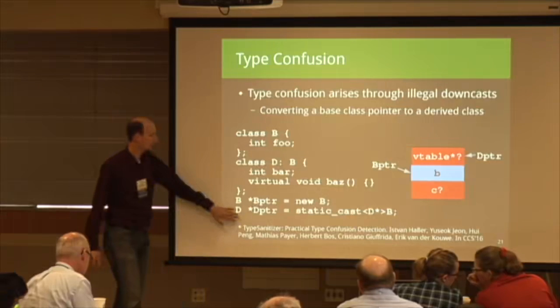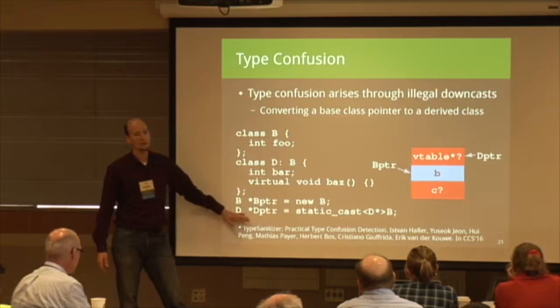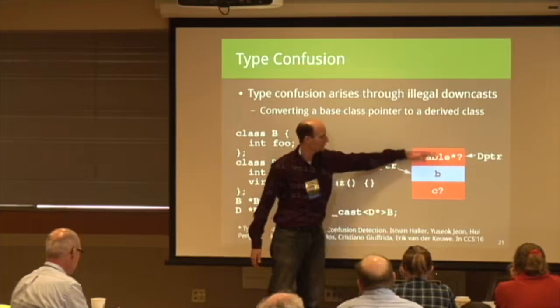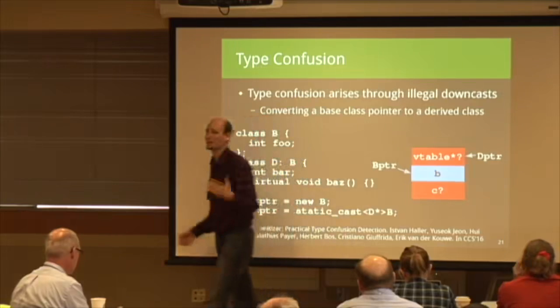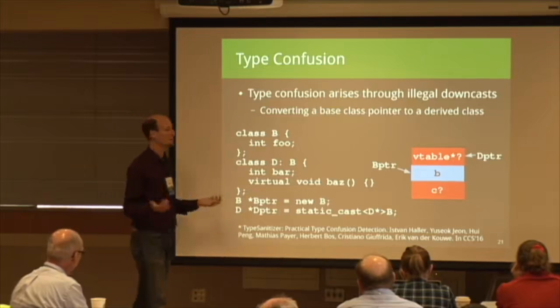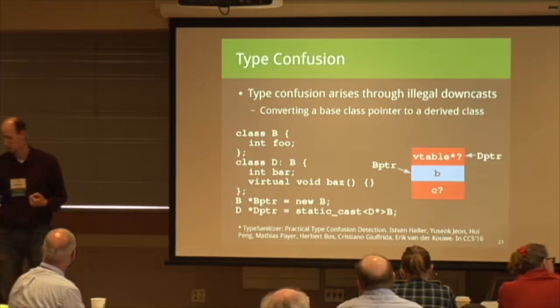But then at a later point, a static cast to a D object happens. And the D pointer then ends up being here. And whatever is in memory in these other locations is being used instead. And this is what attackers use to compromise all our current software in these different mechanisms.